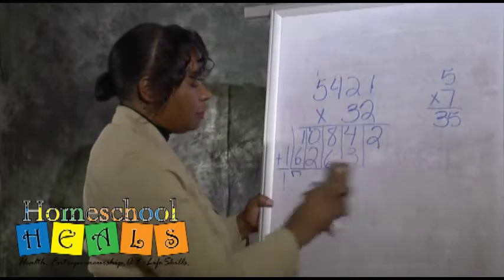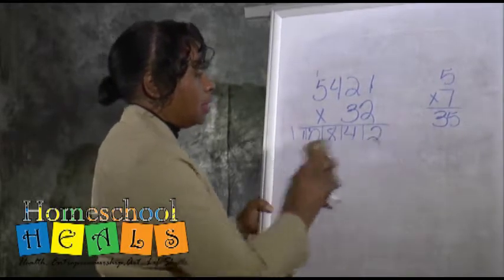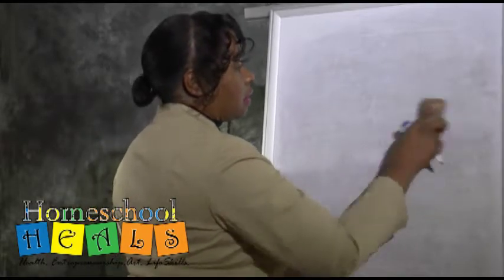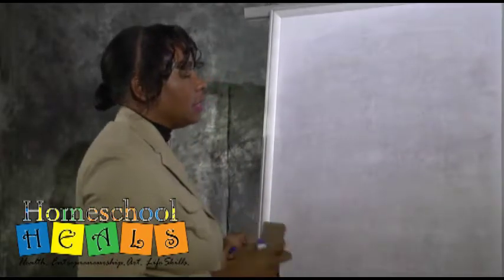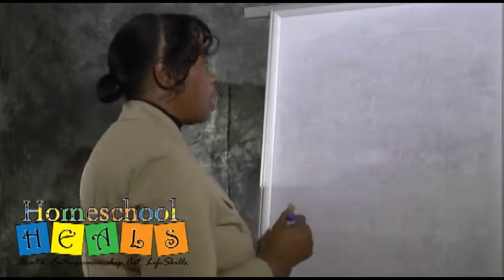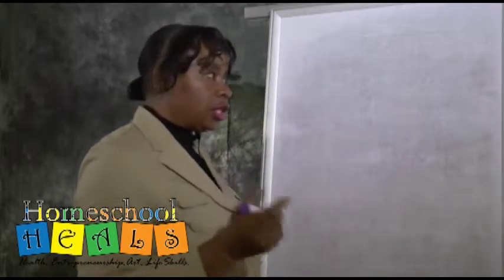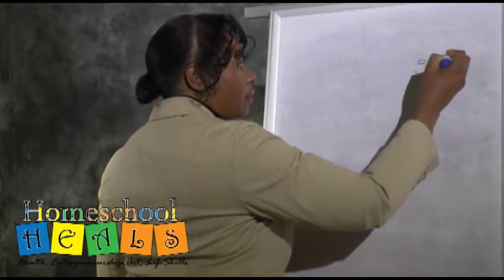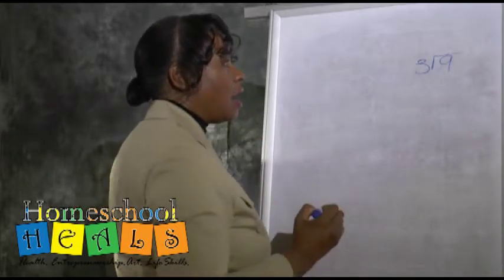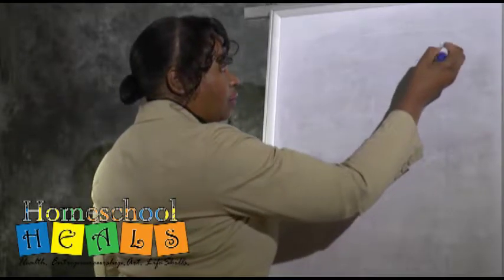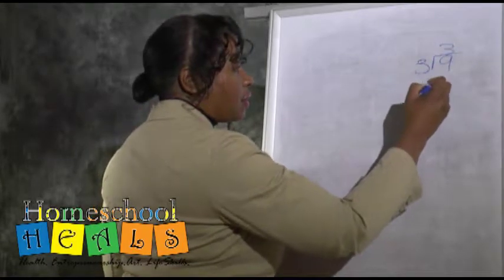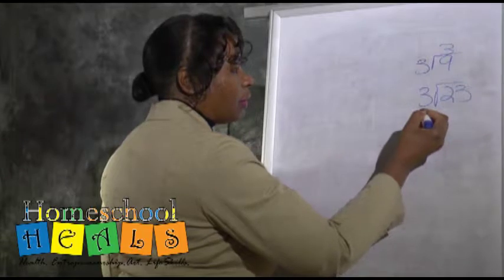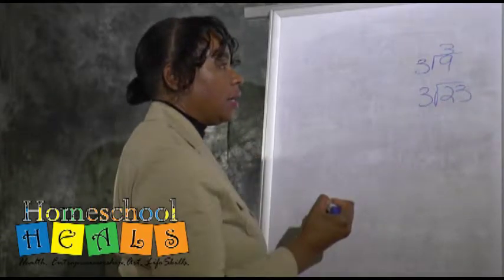All right, let's do a division problem and show you how that works. So let's make up a division problem. You want to do 2-digit and 1-digit. 1-digit is how you learned before. You could have a 3 going into a 9. You could have a 3 going into a 2-digit number, which is 3 goes into here how many times?